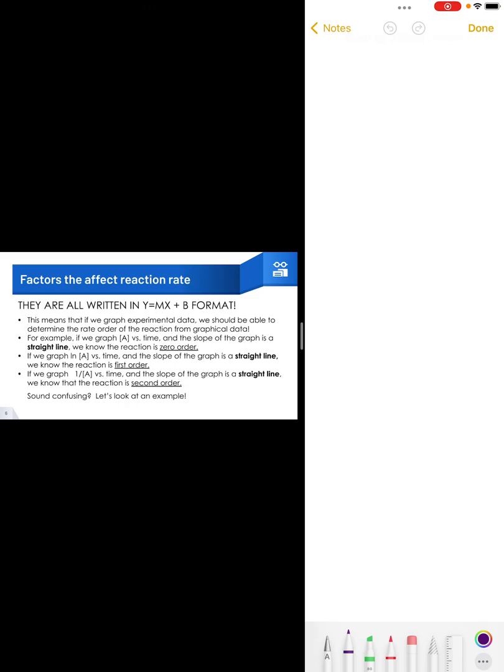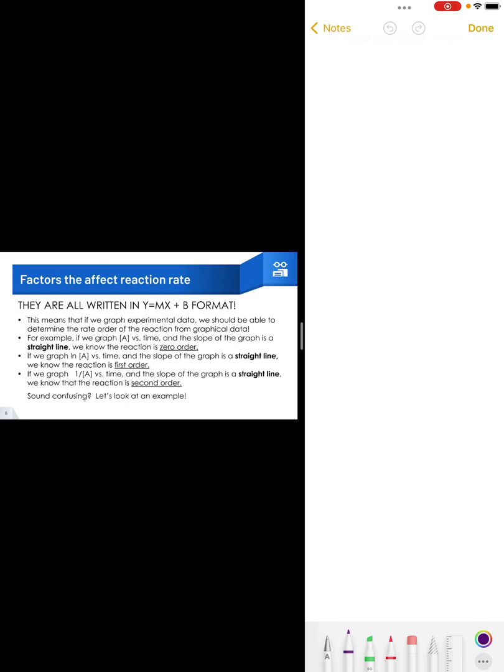So this time we are going to look at graphs, and that's going to help tell us what type of reaction it is or what rate order it is. If I have a graph where the y-axis is concentration and the x-axis is time, and the slope is just a straight line, then that's a zero order reaction.